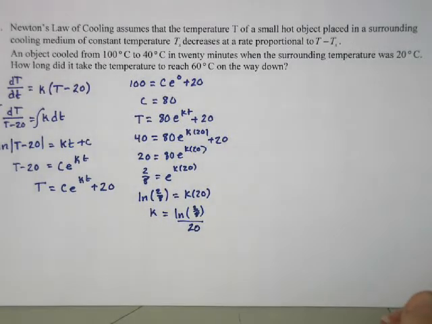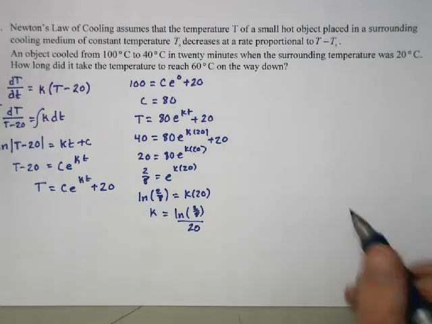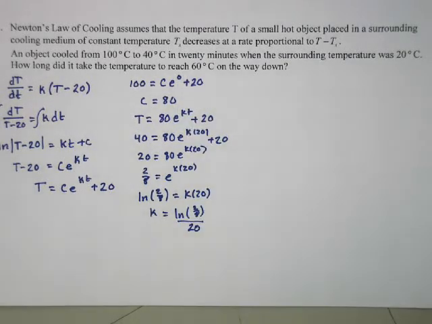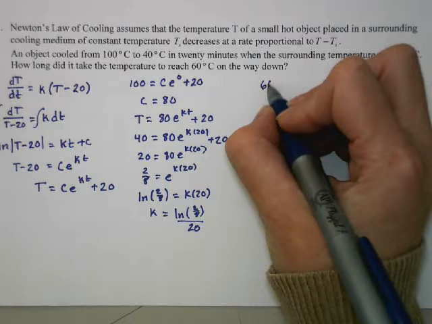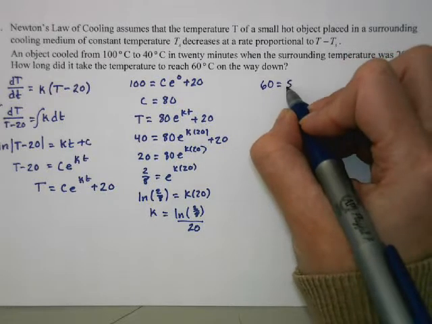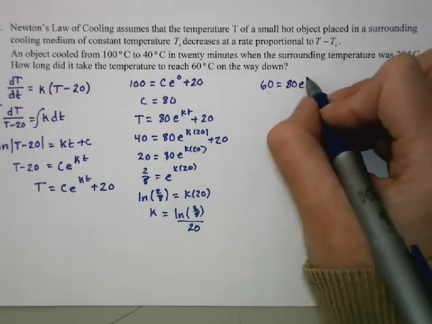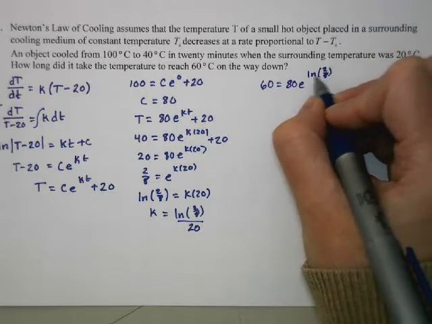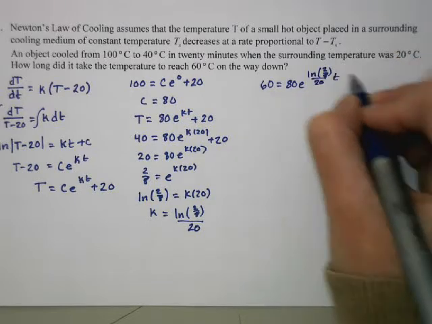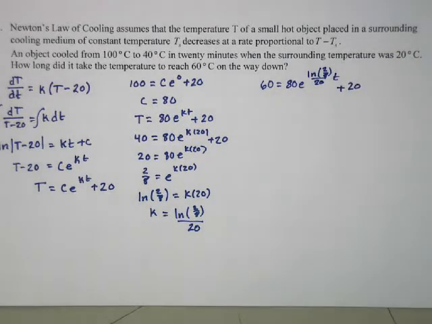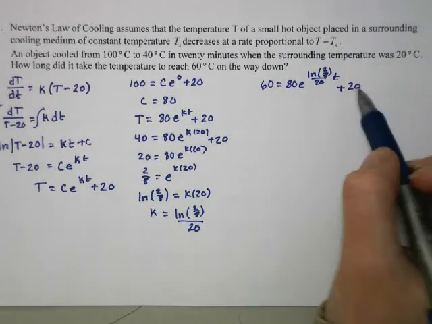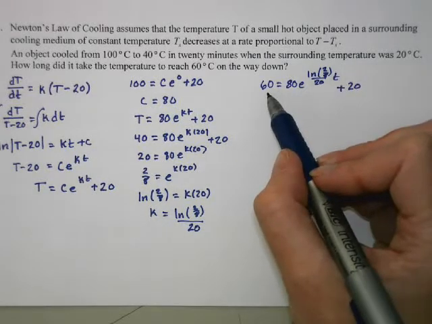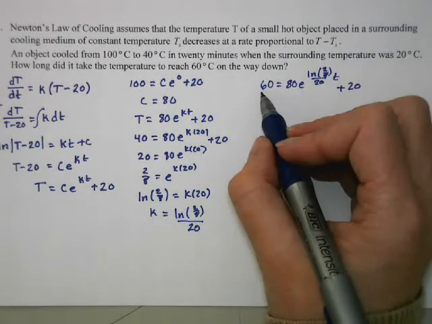We're going to figure out the time it takes to get to 60. So we're solving this equation, so I'm going to subtract 20 and then divide, so that's going to give me 40. 40 over 80 is going to be 1/2.